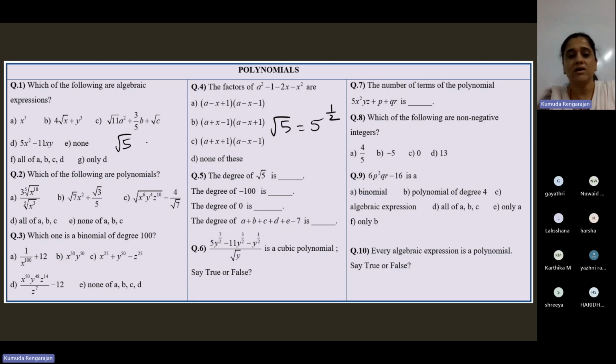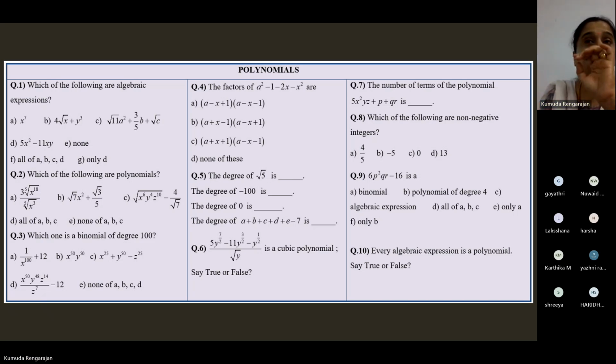Where's the variable? So let's attach a variable x and raise it to the power 0. So what is x to the power 0? 1. And what is 1 into root 5? Root 5. Because to find the degree, you need the presence of a variable. The power of the variable helps you find the degree of that polynomial, right?